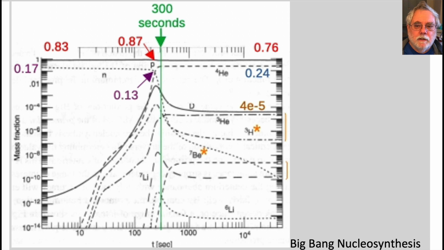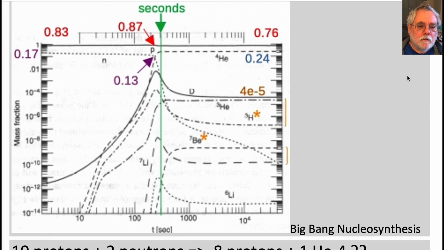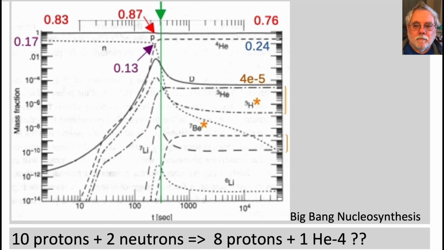Temperature, pressure, and total ordinary matter density are falling rapidly with time. Most of the activity is complete by 300 seconds, the green vertical line. Initially, there was 1 neutron to 5 protons, or 10 protons to 2 neutrons. The mass fractions were 0.83 for protons and 0.17 for neutrons, shown at the upper left of this graph.